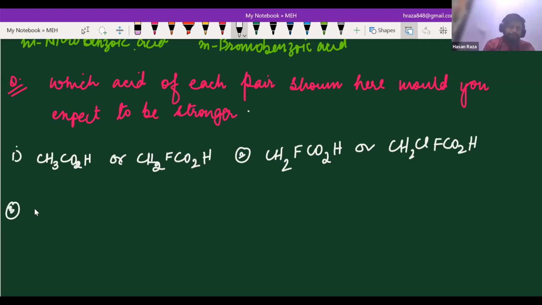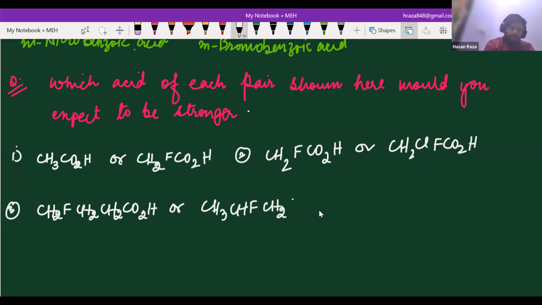The third one is CH2FCH2CH2CO2H, or we can write CH3CHFCH2COOH. And in the fourth one, you need to go through this.